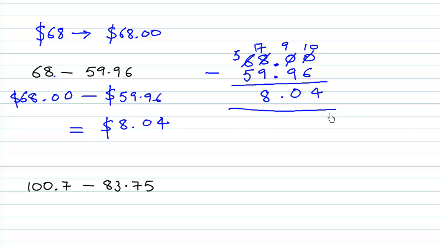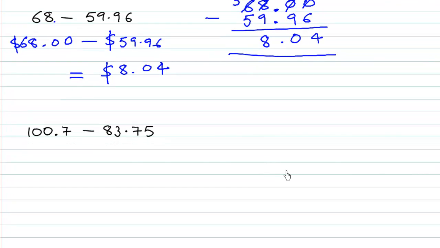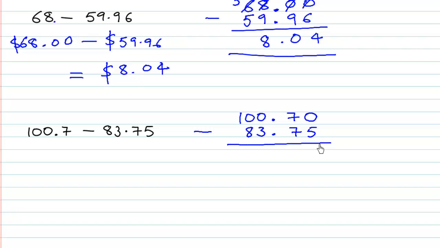Now, another example, 100.7 minus 83.75. So again, 100.7 minus, we should put the decimal point one below the other, 83.75. So just place one more zero in order to have the same number of decimal places, and then subtract as usual.